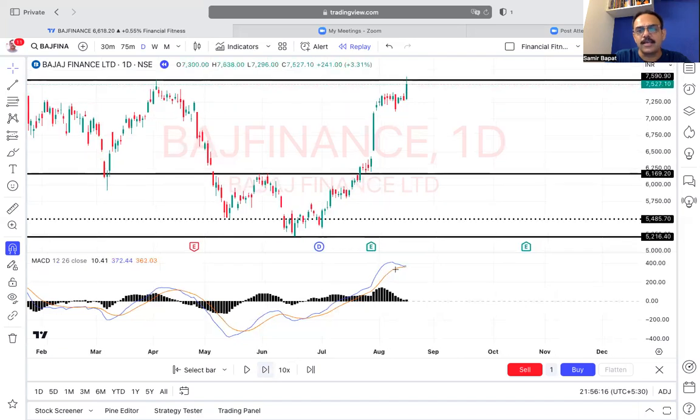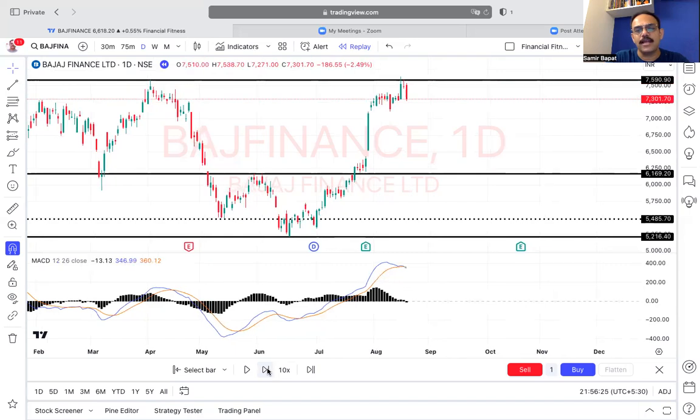Okay, see, almost it was about to, it has reached the previous support level, or if it is crossing over, you can exit. See, this blue line crossed below the orange line. Now you can exit. So this crossover, you can exit here, or you can exit at the support level. So with practice, you can decide what you want to keep as the target. But this is the way.